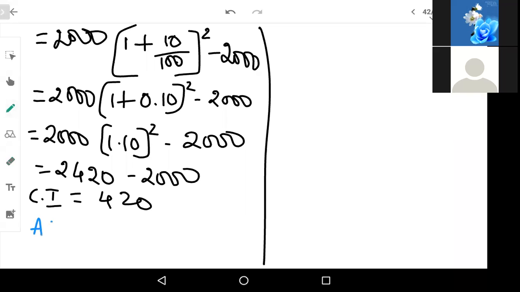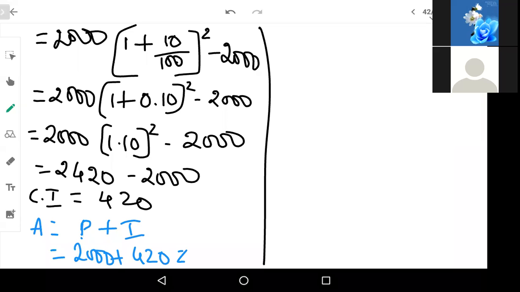So amount will be principal plus interest. So that will be 2000 plus 420, which is 2420 rupees. Compound interest is 420, correct.